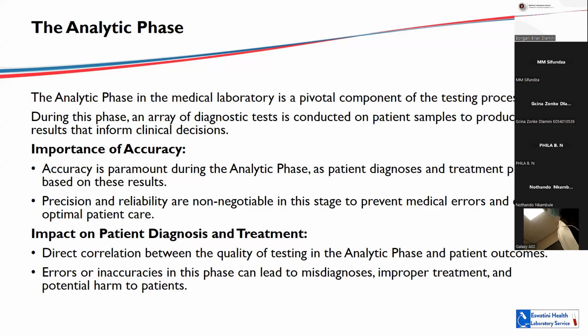It can be in the anatomical laboratories, the pap smears, the histology samples, it can be microbiology, the CSFs, every sample. So during this phase, a range of diagnostic tests is actually conducted on the patient sample to get a result that will be used by the clinicians for making decisions for our patients.